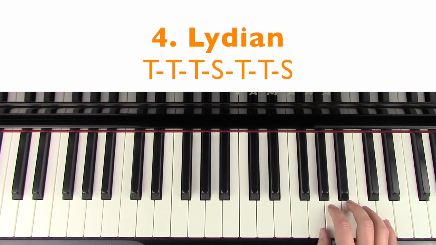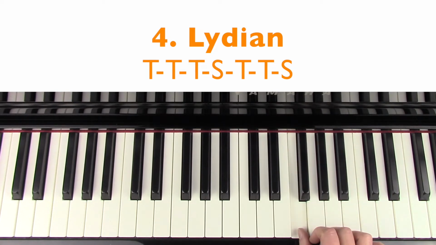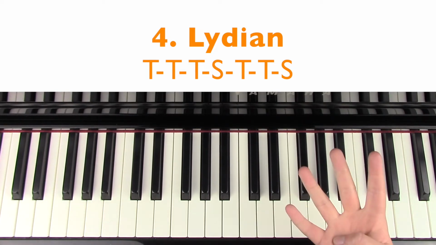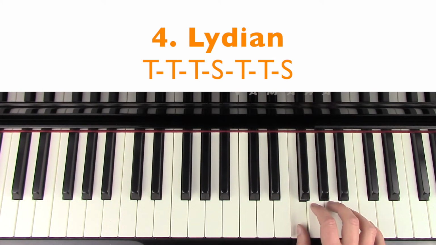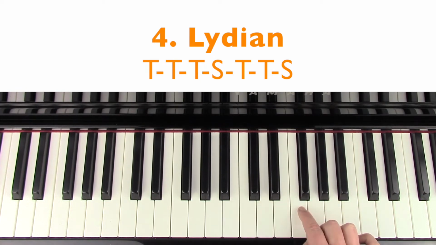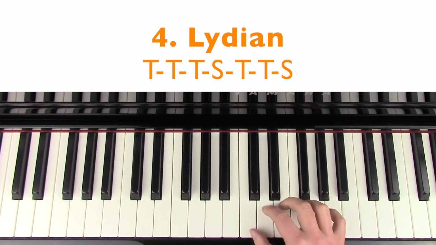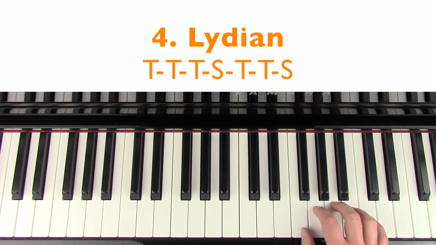So moving up 1 again, now we're on Lydian. Lydian means 4, so now we're on F. F Lydian is playing the notes of the scale of C major starting from F, because 1, 2, 3, 4, F is the 4th note of C major.